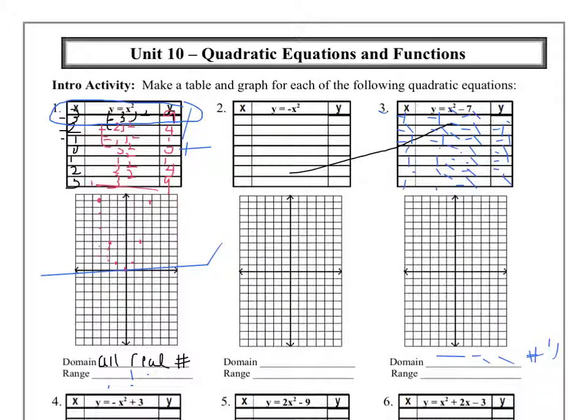Now I can go ahead and graph my points. My first point is negative 3, 2. So I'm going to find negative 3, 2. Let me erase this part right here. Negative 2, negative 3. Negative 1, negative 6.